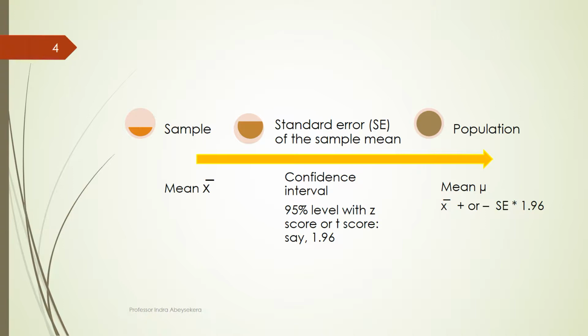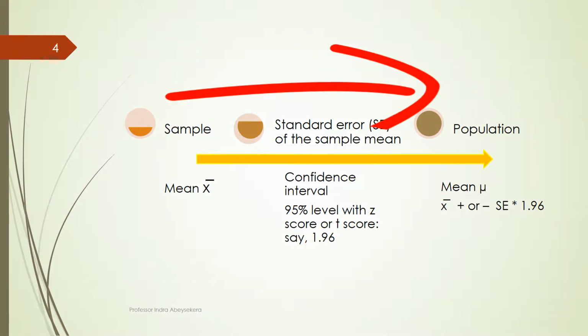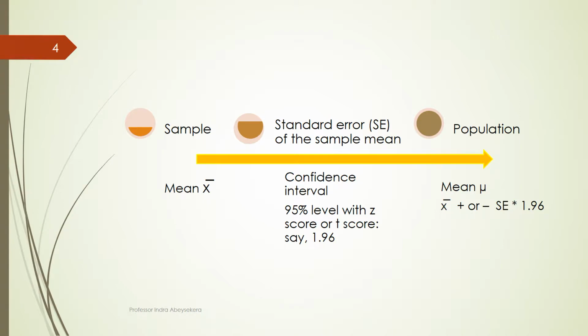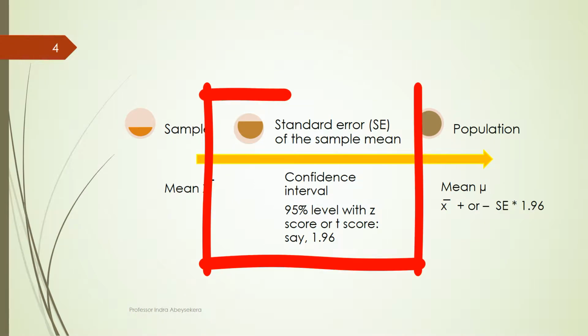So often, the sample is less than representative of the population, not fully representative of the population. Therefore, when we talk about the population, we have to accommodate the error in relation to the estimation of the population from the sample.